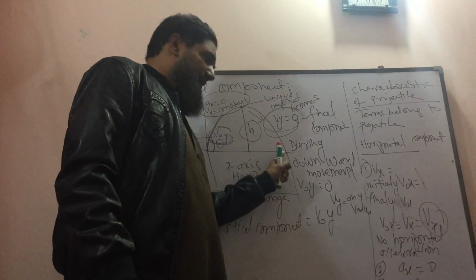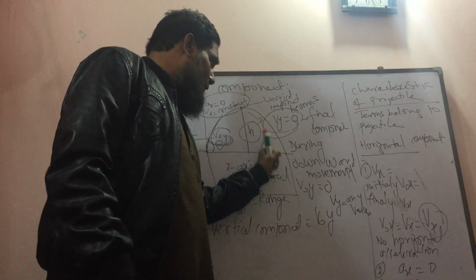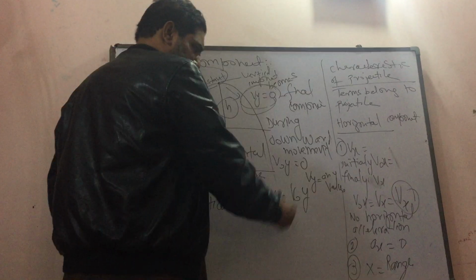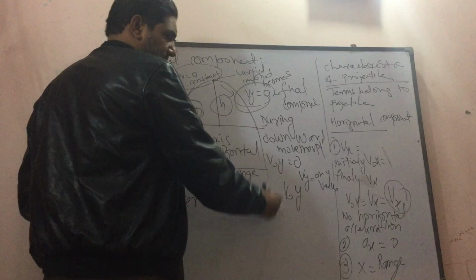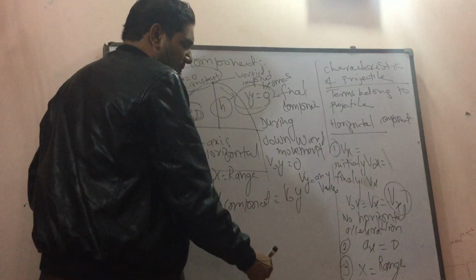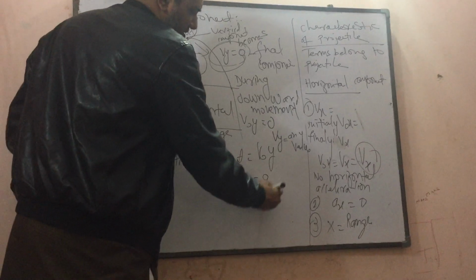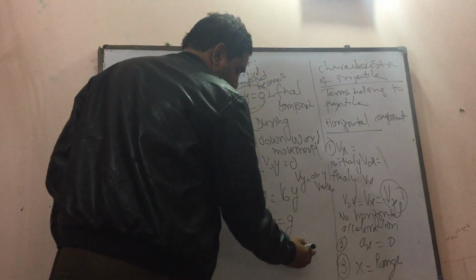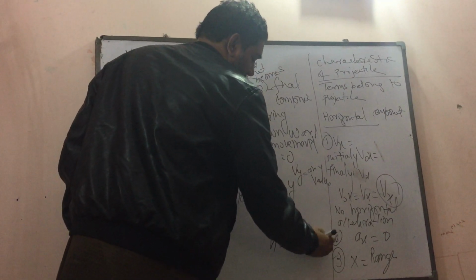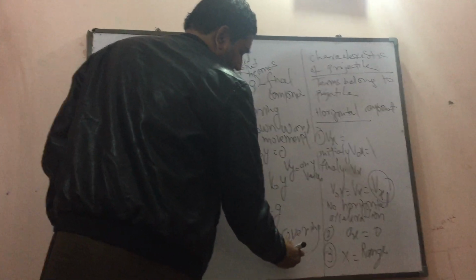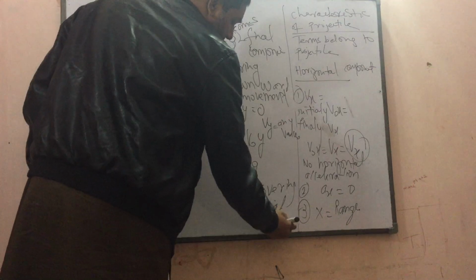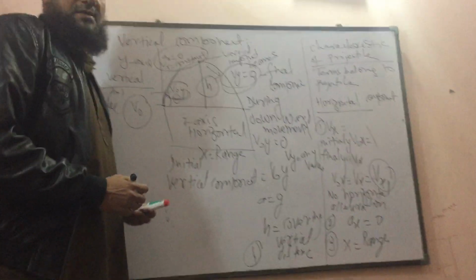Similarly, during downward movement the initial vertical component is 0, the final vertical component is any value, and acceleration g is involved. The object also covers vertical distance h.